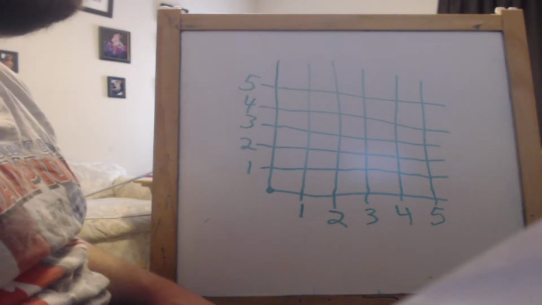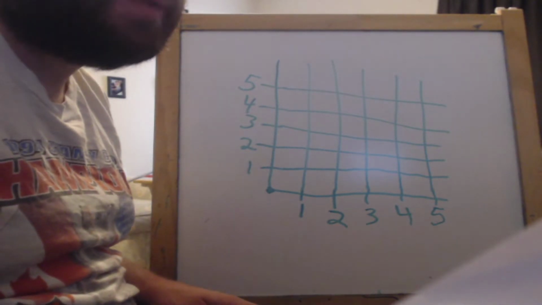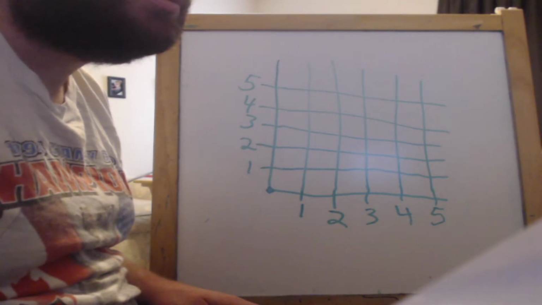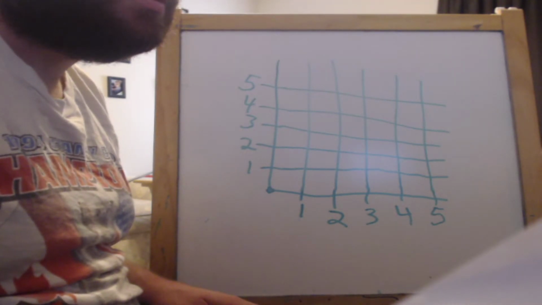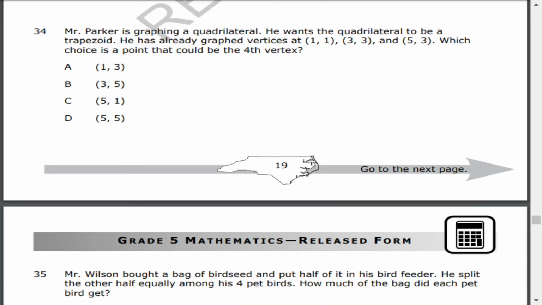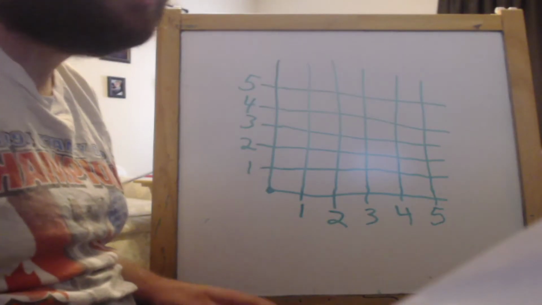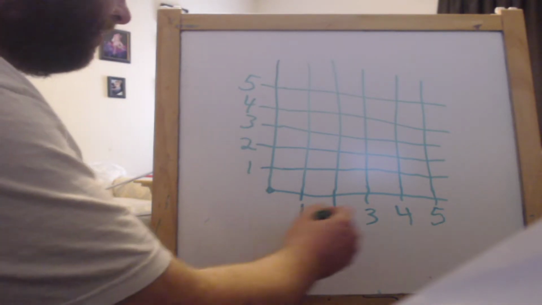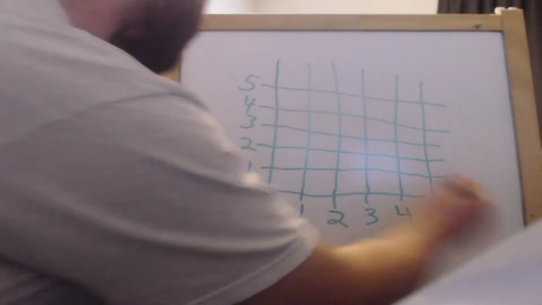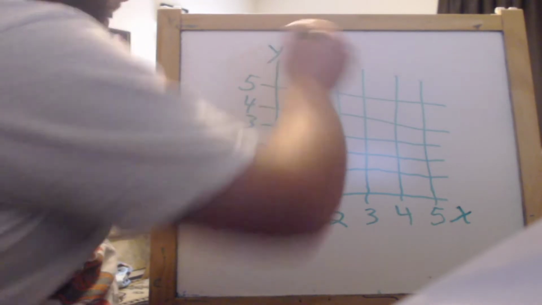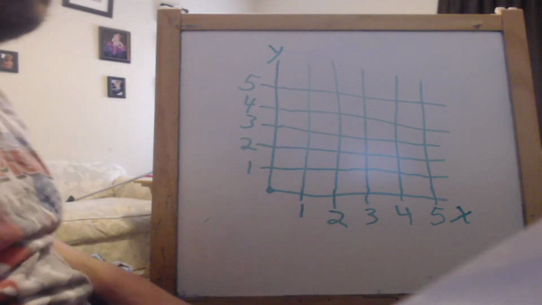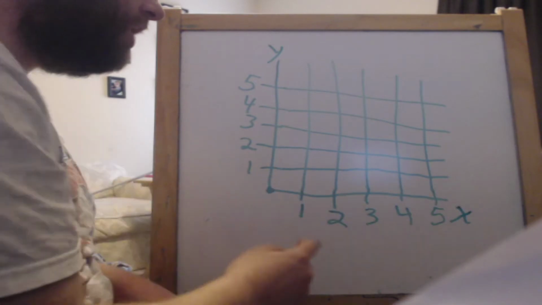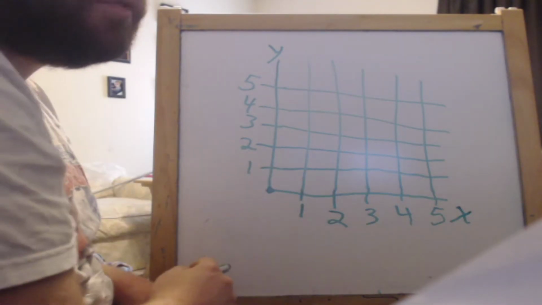But anyway, let's look back at our answer choices. So I just want to show you it's (1, 1), (3, 3), and (5, 3). Okay, so this is the x-axis. This is the y-axis. And the x always goes first, so horizontally we're moving this way first.